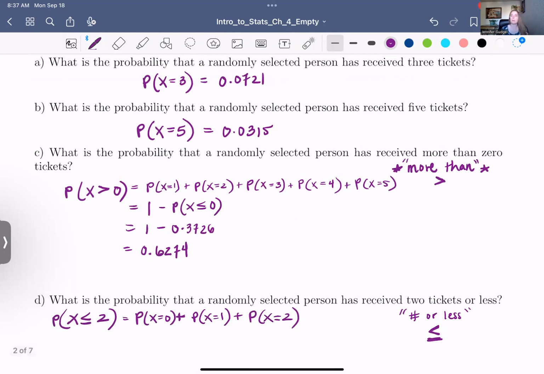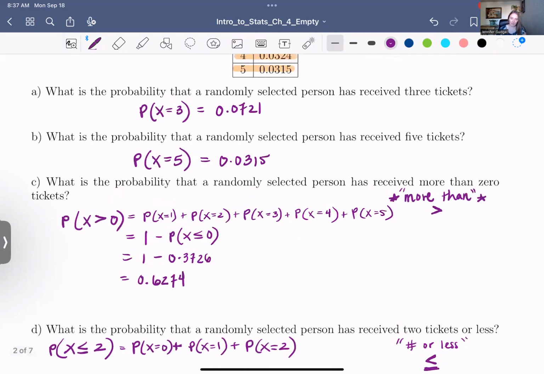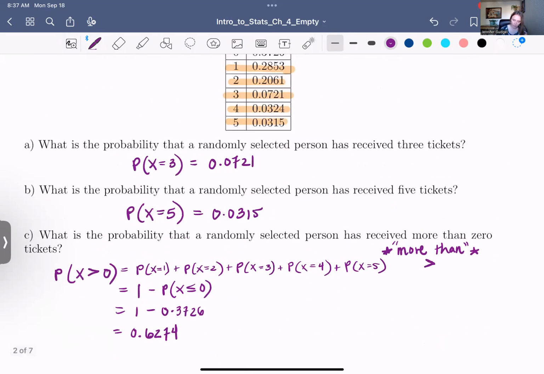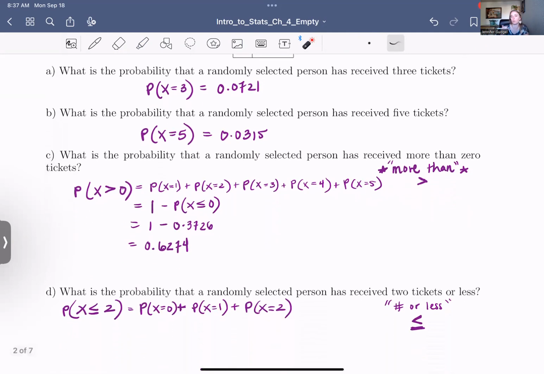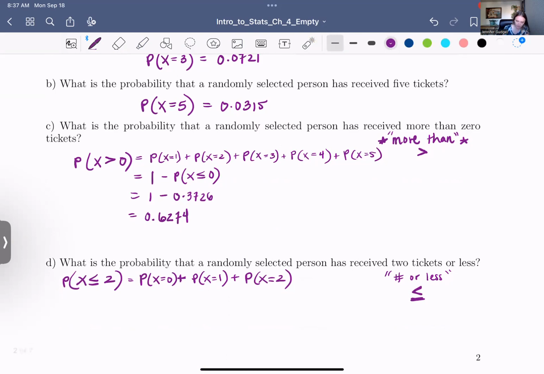We could look to maybe use the complement again, but at this point, 0, 1, and 2 is not that many to add. We have to either add up these, or we would have to subtract out these. So it's going to be 3 numbers either way. It's not any more convenient to look at the complement and subtract it instead.